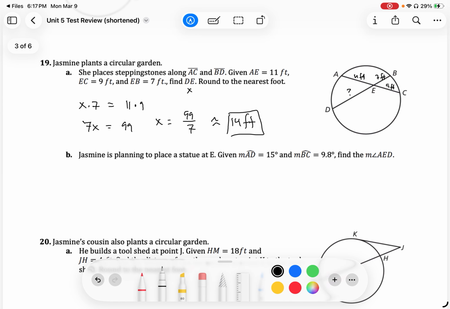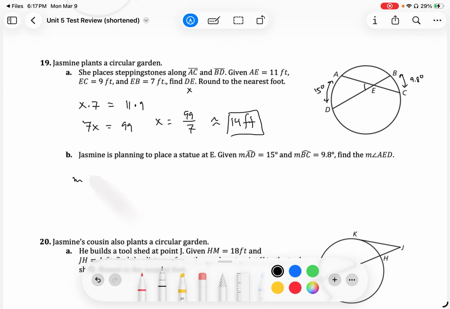Jasmine is planning to place a statue at E. Okay. Given the measure of arc AD equals 15 degrees, this arc, it seems a little small, but okay. And the measure of arc BC is equal to 9.8 degrees. Find the measure of angle AED.